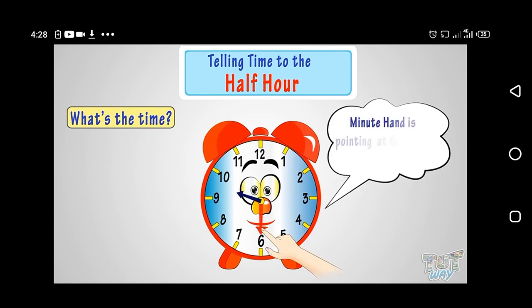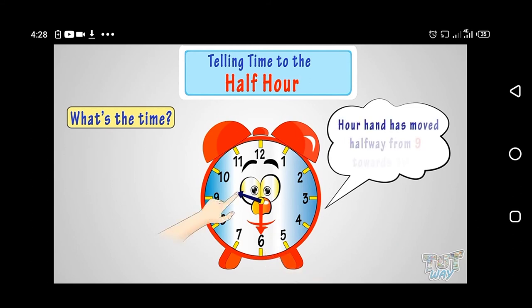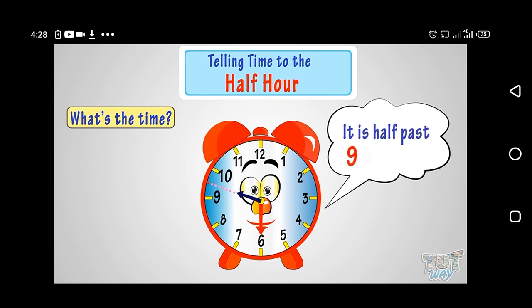The minute hand is pointing at 6, so it's half past the hour. Now, half past what? The hour hand has moved halfway from 9 towards 10. Look at the dotted line. That's pointing exactly halfway between 9 and 10. So it is half past 9 or 9:30.